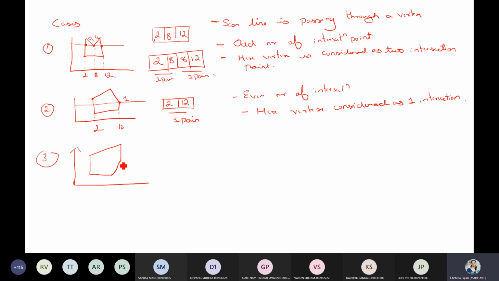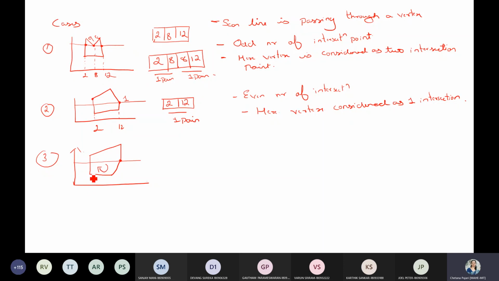Okay, so this is our point. This is our scan line. So one more method is by traversing the edges, either in a clockwise or in an anti-clockwise direction.